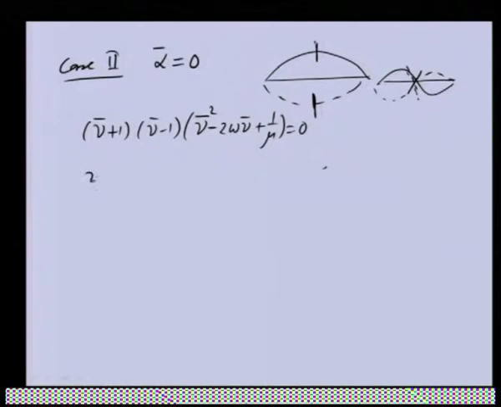So, this is giving us the first two as nu is equal to plus minus 1, and the second one is giving us this expression.